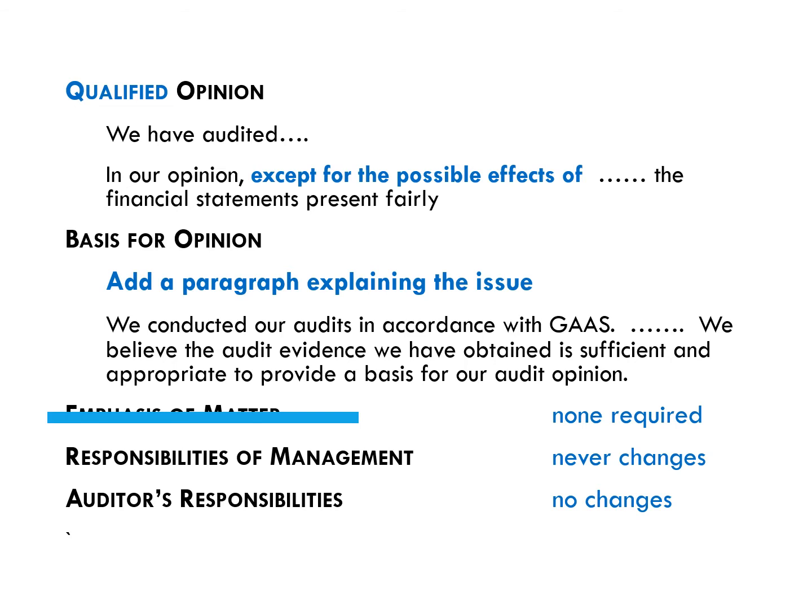In the basis for opinion section, we're going to add a paragraph explaining the issue. The second paragraph is unchanged. There's no emphasis of matter paragraph with a qualified opinion. The responsibilities of management section never changes, and the auditor's responsibilities section doesn't change in these circumstances.